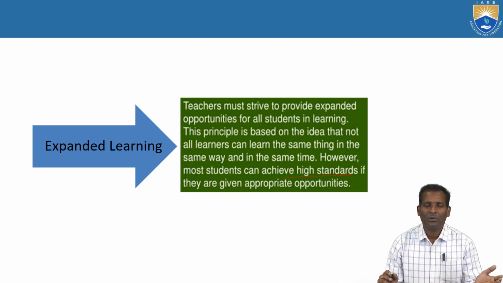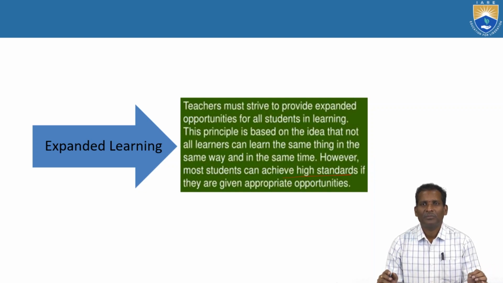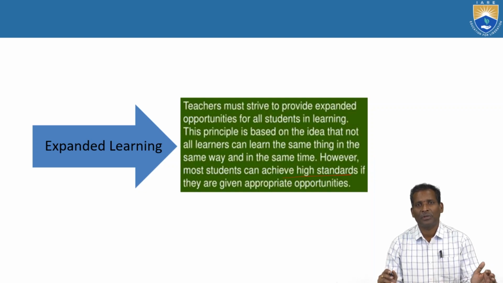Different types of learners are there, so all learners cannot learn the same thing at a time, and will not achieve at the same time and same quality. Clear? Some students achieve their high standards if you provide opportunities.